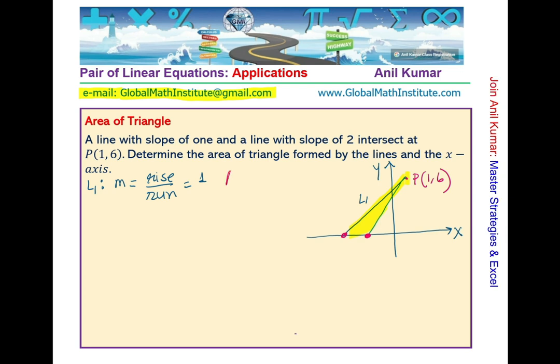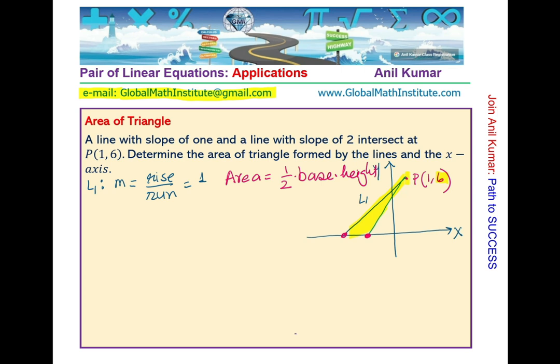Area of triangle, as you know, is equal to half base times height. Perfect. Height above the x-axis is 6, known to us. We need to only figure out what these x-intercepts are.